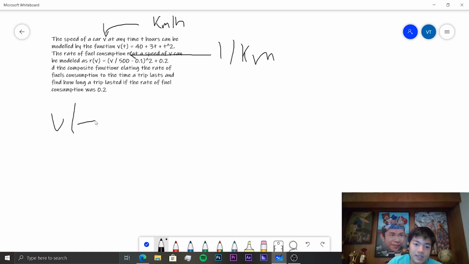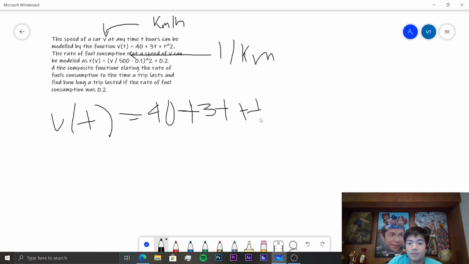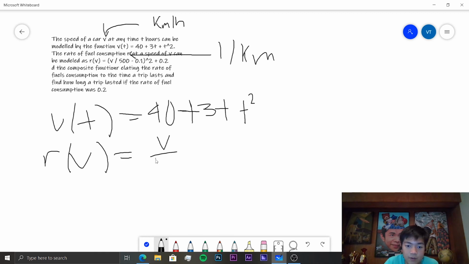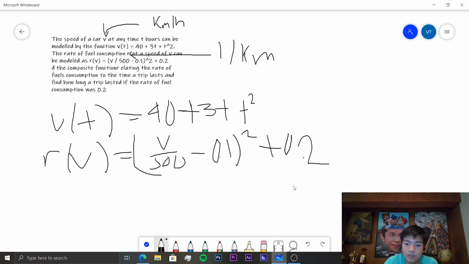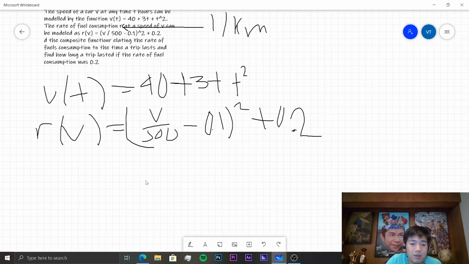We have v of t is equal to 40 plus 3t plus t squared, and r of v is equal to v over 500 minus 0.1 squared plus 0.2. So this looks like a pretty complex composite function, but we'll find it.